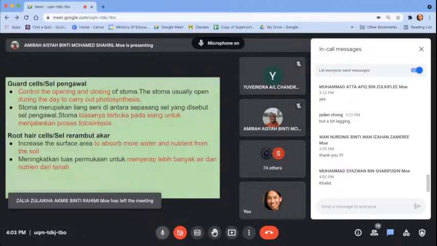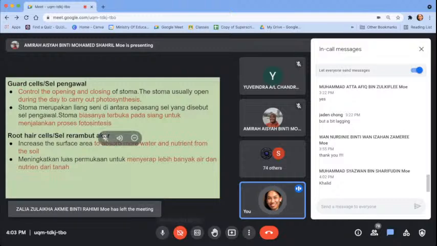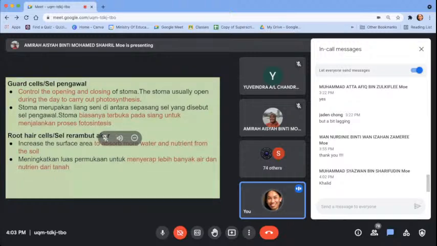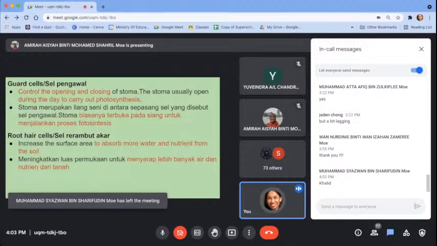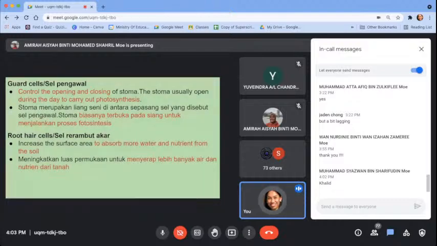Okey, sekejap ya. Minta perhatiannya, kumpulan. Kalau boleh kita tidak akan baca daripada slide, kita cuba terangkan. Dan lagi satu, setiap kumpulan selepas pembentangan sila sediakan soalan kuis. Selepas habis pembentangan kita akan berikan soalan kuis untuk dicuba.